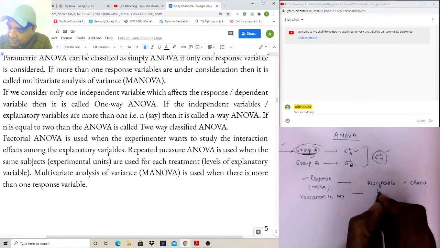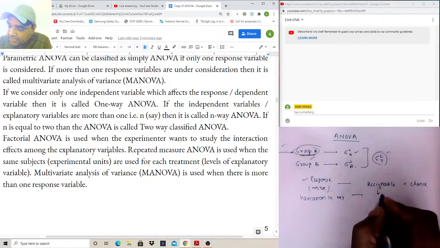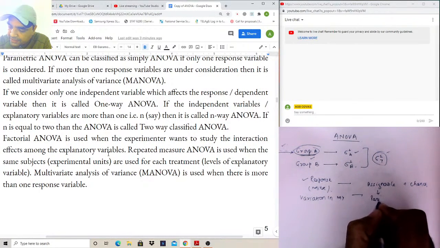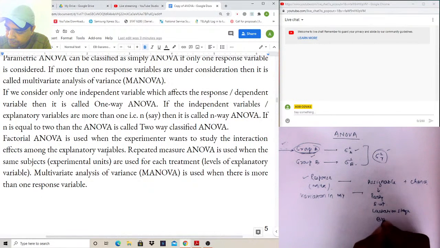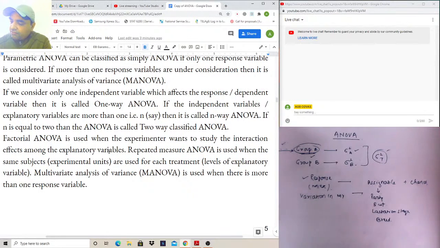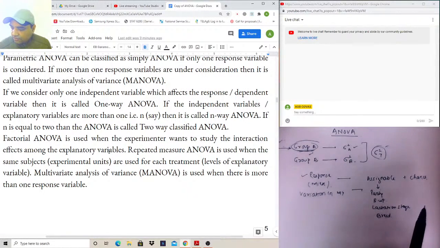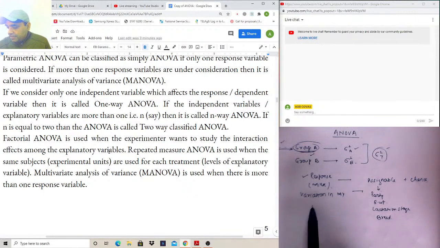These assignable factors can be, for example, parity, body weight, lactation stage, breed, and these chances we cannot ascribe, why this variation is there in the milk yield.